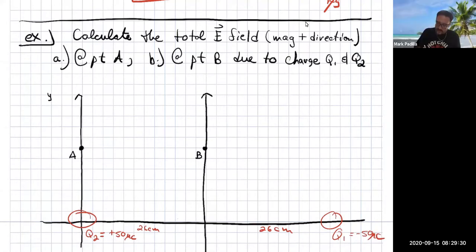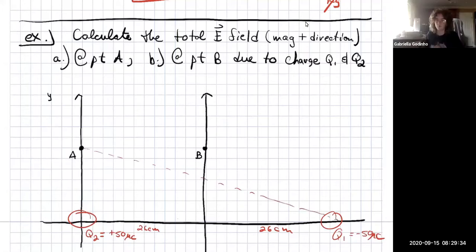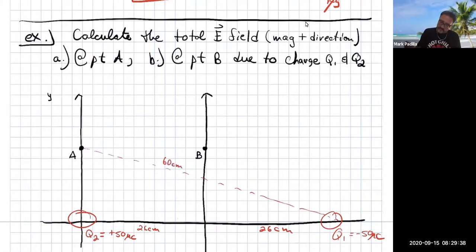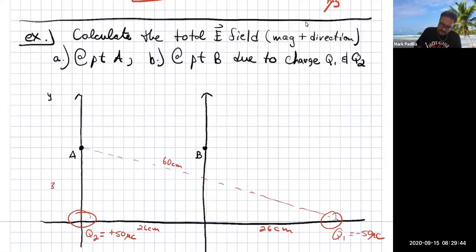Let's do point A. The length right there, I'm going to give you that length. That's 60 centimeters. And just to make things easy, this is 30 centimeters. And if we were to do the trig on that, that's going to be 30 degrees.